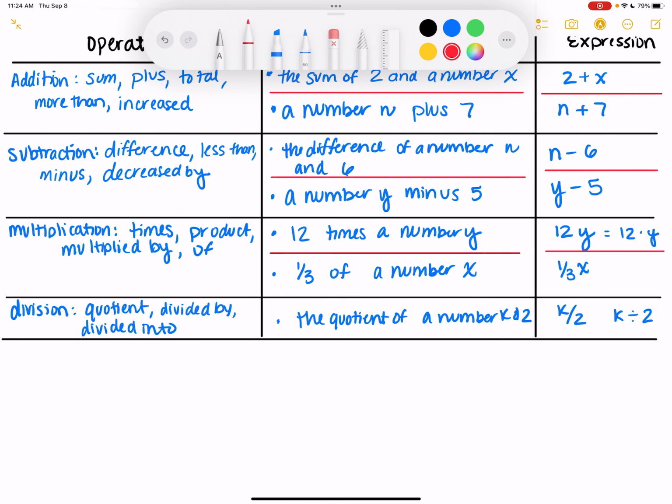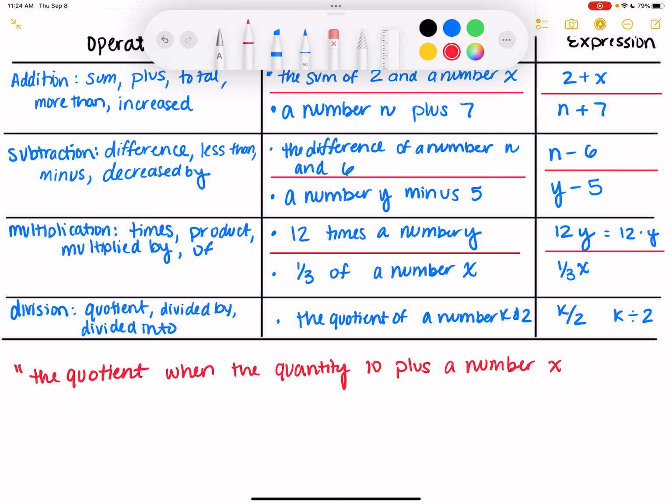If you see something like the quotient when the quantity 10 plus a number x is divided by 2.